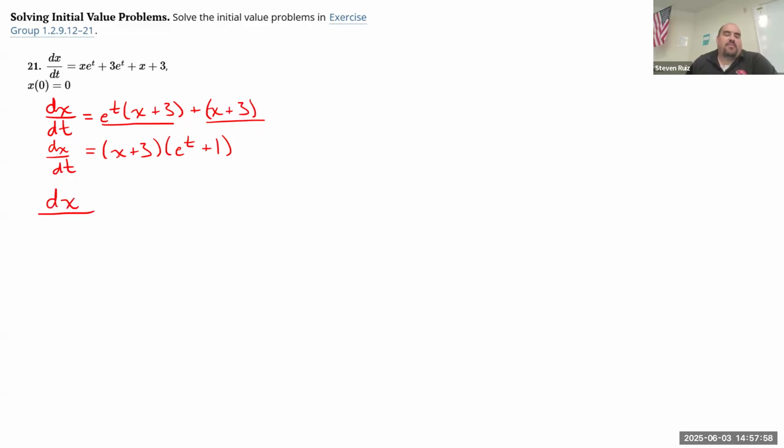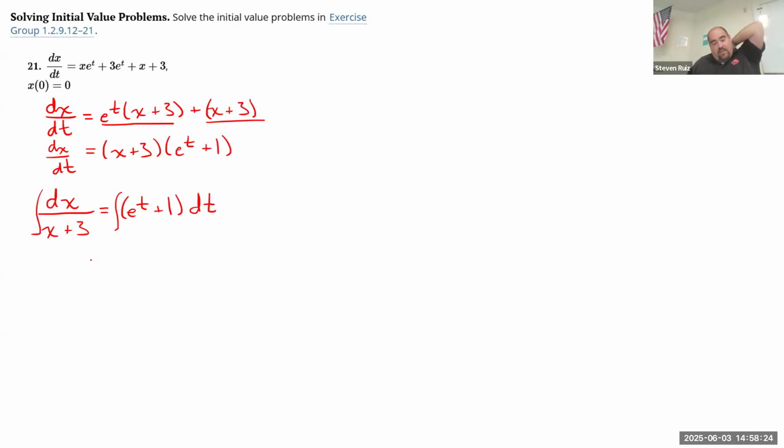So that becomes, if I divide the x plus 3 over, dx over x plus 3 equals e to the t plus 1 times dt. So separation has been completed, which means we can integrate both sides. So dx over x plus 3, what is that integral?